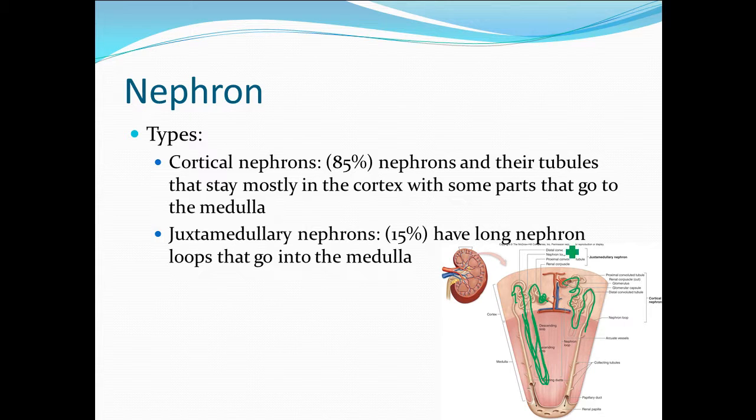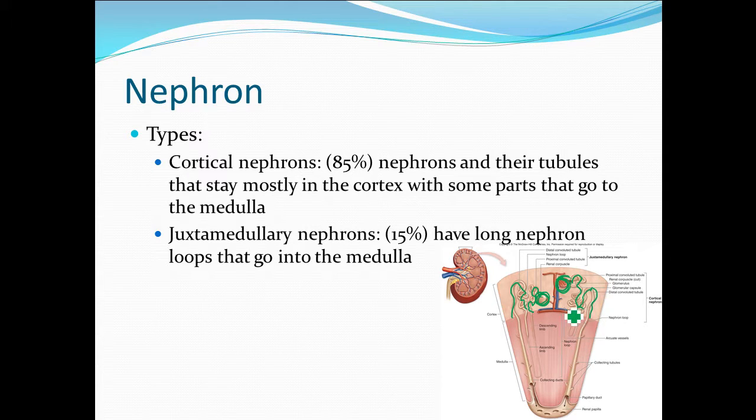You'll notice that you still have all the different parts here. The renal corpuscle is located here. The proximal convoluted tubule is located here. The distal convoluted tubule is located here. Same thing as the cortical nephron. You have the glomerular capsule with the glomerulus, the proximal convoluted tubule, distal convoluted tubule, all located here.